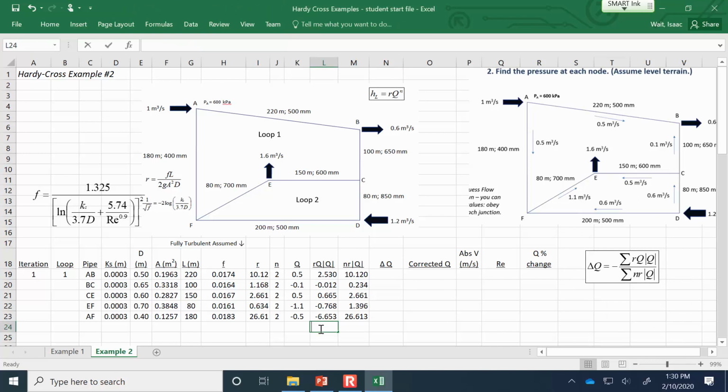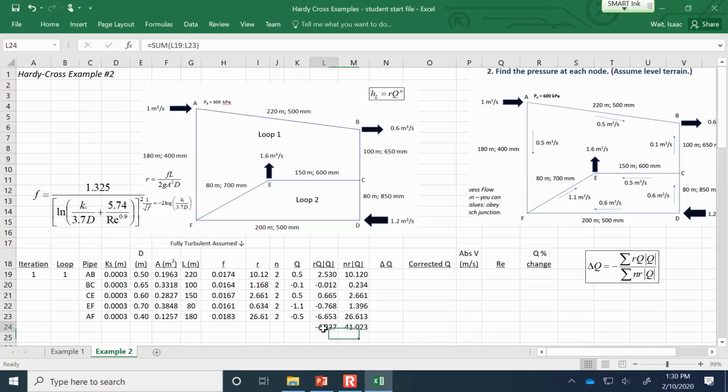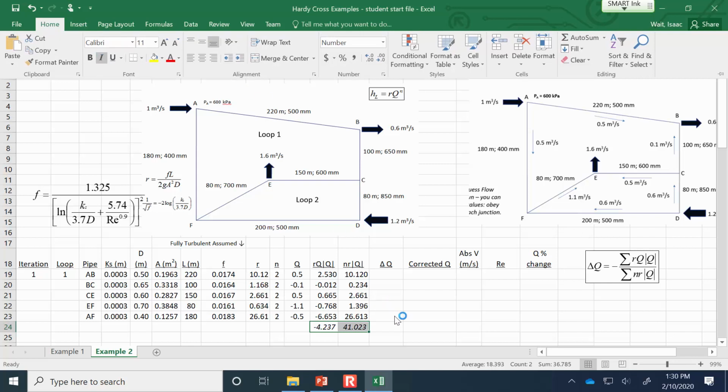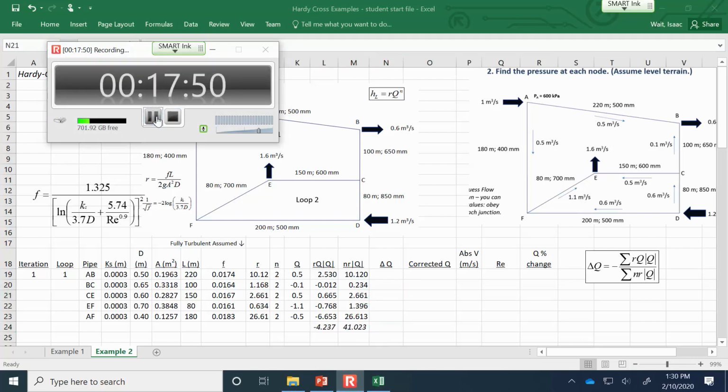So we want the sum of these things above it and the sum here. I put that in italics just to make it clear that that's like a combination.